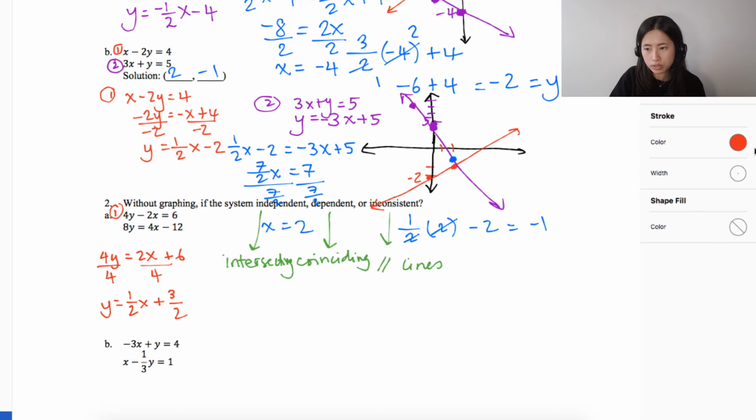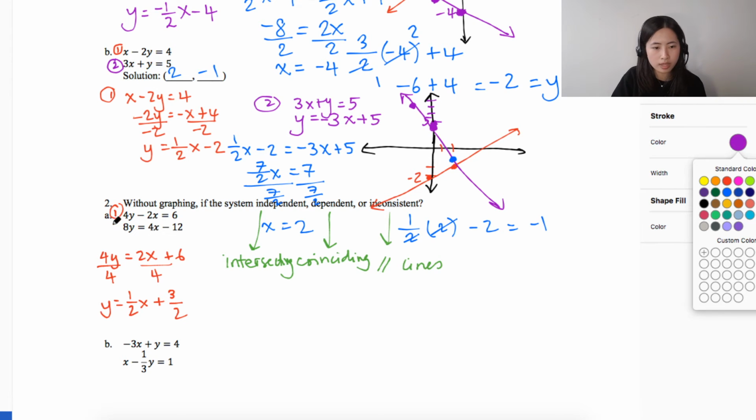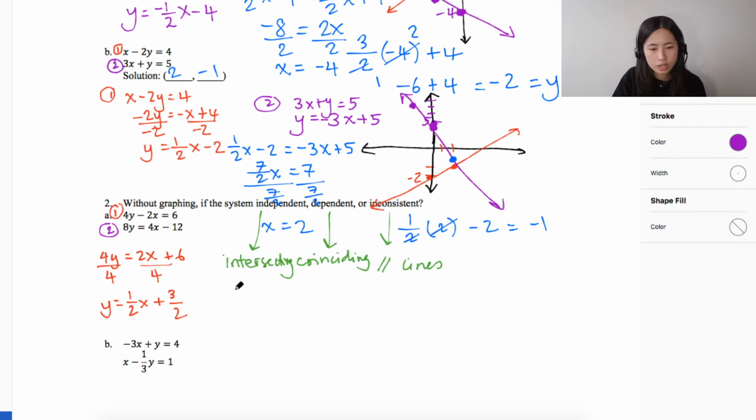Moving on to the second equation, same thing, we're going to isolate y. So we have 8y is equal to 4x minus 12, dividing both sides by 8. So we have y is equal to 1/2 x, and negative 12 divided by 8 is equal to negative 3/2.